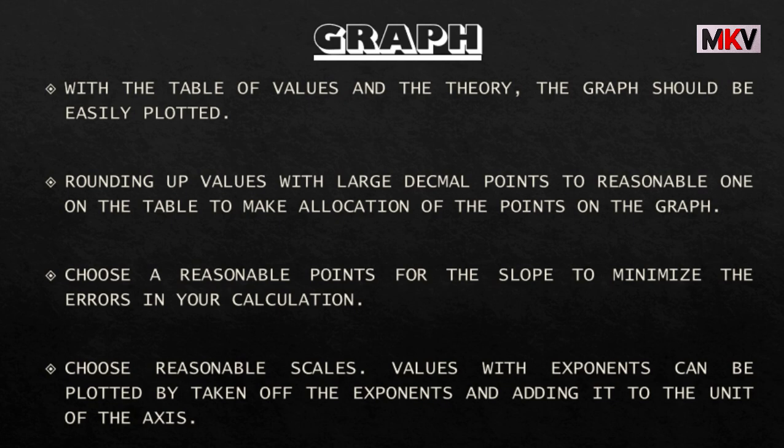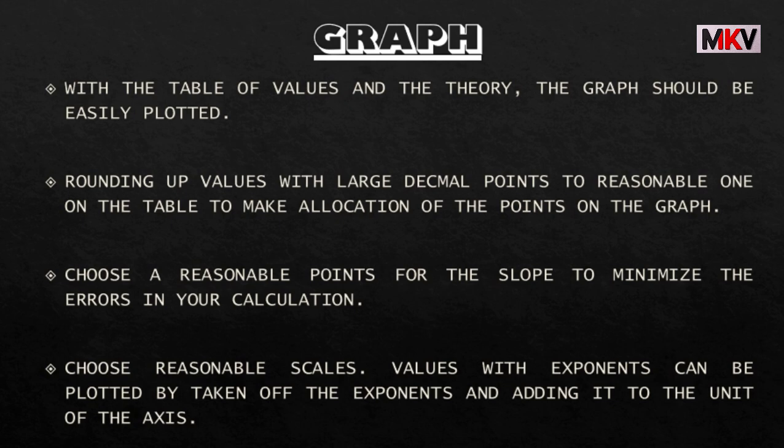If some values have, let's say, 3 or 4 decimal places, which will make your plotting very difficult on the graph, you can round them up. The values can be rounded up to, let's say, 2 decimal places, or 1 decimal place, to make your plotting very easy. It's also crucial that the rounding should be consistent. It is supposed to run through all the values, not just some specific values. If you're rounding up, it is supposed to be for all the values.